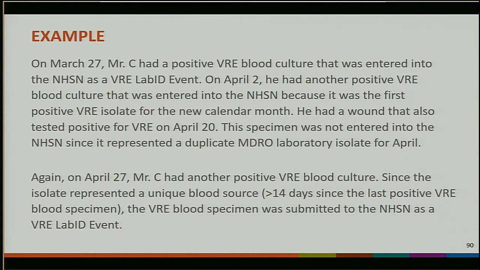He had a wound that also tested positive for VRE on April 20th. The specimen is not entered since it represents a duplicate for April, right? Following? That makes sense? On April 22nd, he had another positive VRE blood culture. Since the isolate represents that unique blood source, it's been more than 14 days since the last positive VRE blood, it is submitted to NHSN.